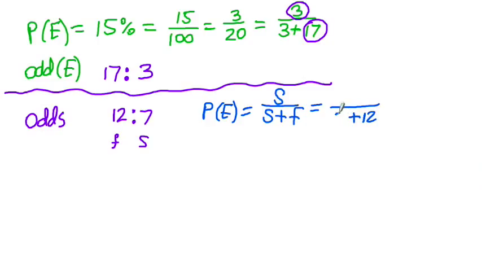And 7 successes is going to go in the bottom and in the top. So the probability of the event if the odds are 12 to 7 is 7 out of 19. It's really, really not hard to work with odds and finding how much you win given a bet. The lottery is written in odds language, but it's usually better to work with it in probability language to find out what we're going to do next.